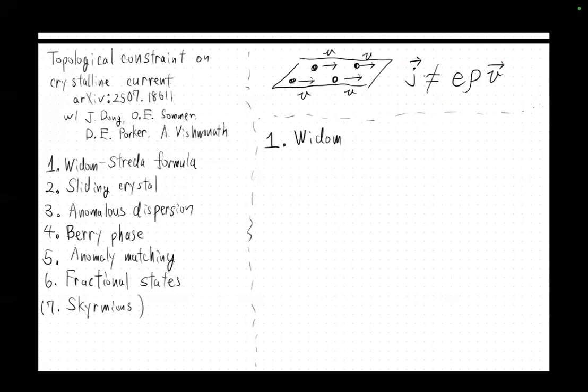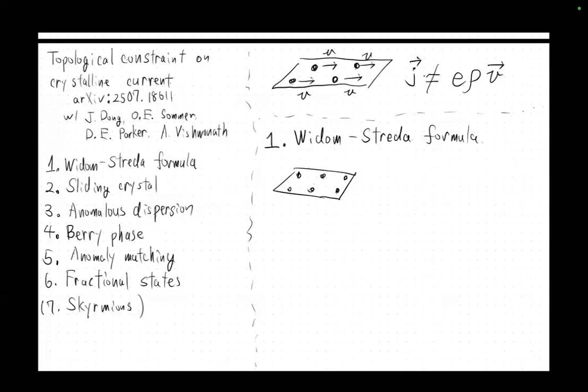Okay, so to set it up, though, I want to take a step back and carefully think about what kind of classification of phases of matter we need to apply in this problem. So to do that, I'll think about the Witten-Streda formula. So I'll again draw a two-dimensional electron gas, but it's crystallized.